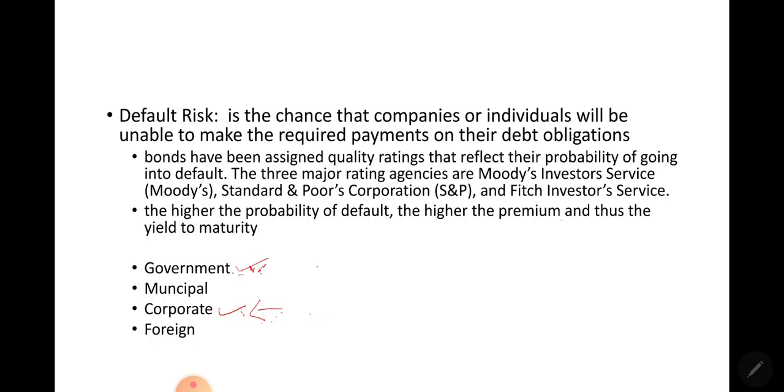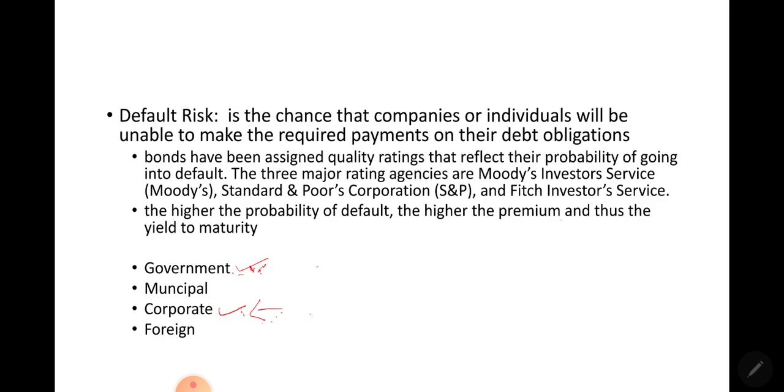Now it depends upon which company you're making an investment in. If you're investing in a new corporation which doesn't have very stable income, that corporation will have a higher YTM compared to another corporation that has stable earnings and which is a mature company. Depending upon who issues the bond, your default risk will vary.